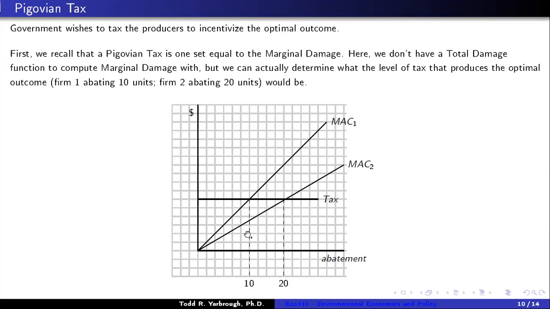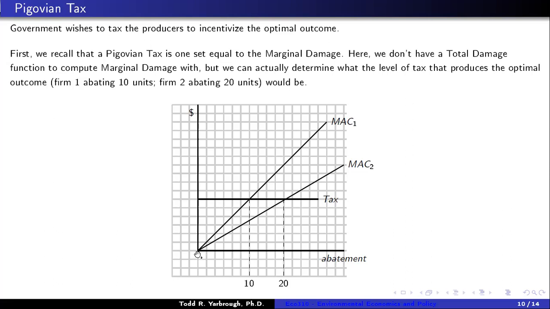So for example, if we look at firm 1, we're looking at this curve here. If you look at units of abatement prior to 10, you'll see that the tax is greater than the marginal abatement cost for firm 1. Say the firm is currently abating nothing and is deciding whether to abate 1 unit. They have to ask themselves: is the tax I would pay on that unit equal to, less than, or greater than the marginal abatement cost I would incur if I abated it?